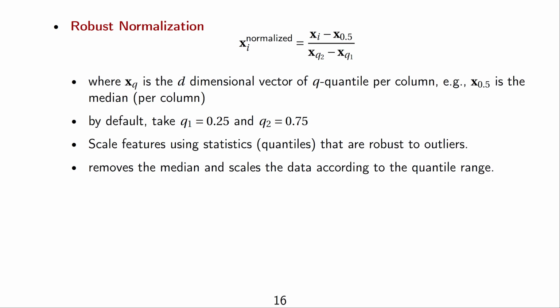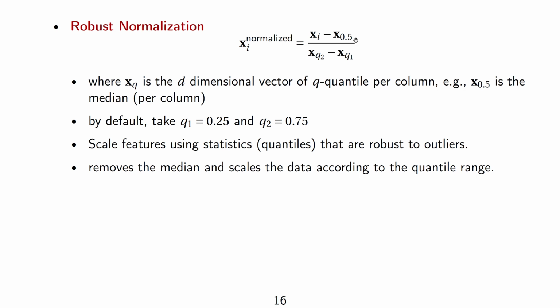In robust normalization, we would like to make the normalization procedure less sensitive to outliers. One general idea is to replace the mean with the median. Instead of subtracting out the sample mean, we're subtracting out the median, where x subscript 0.5 refers to the median computed per feature dimension, so it's a d-dimensional vector.